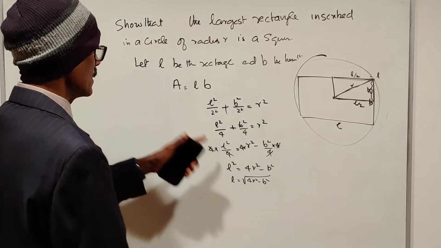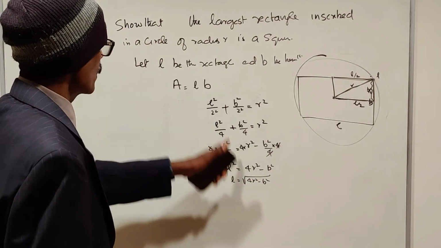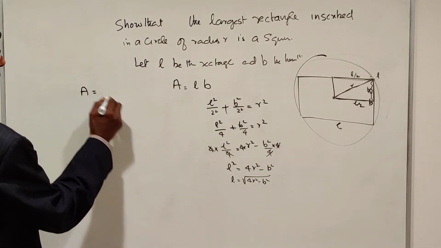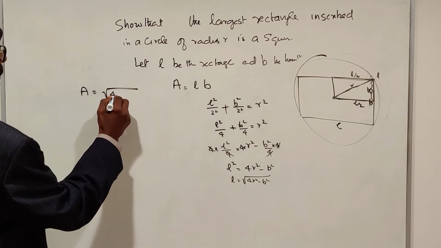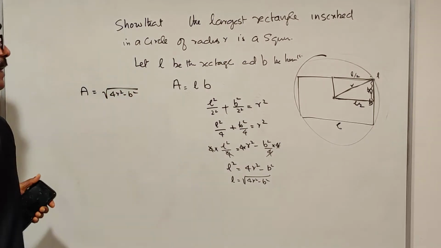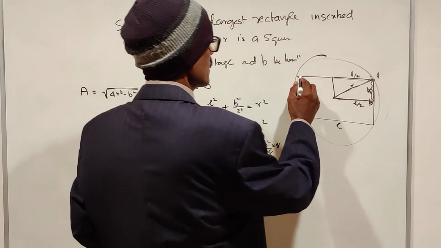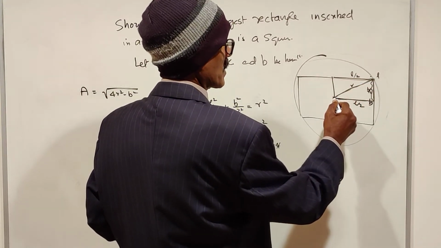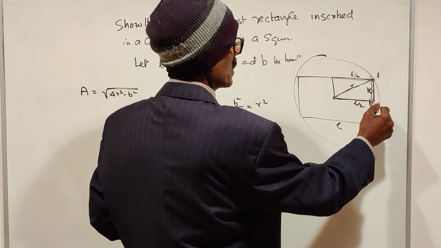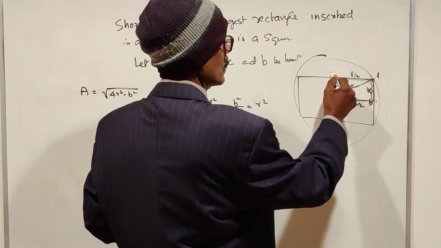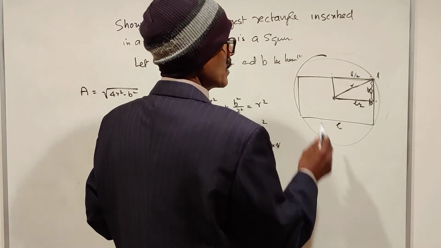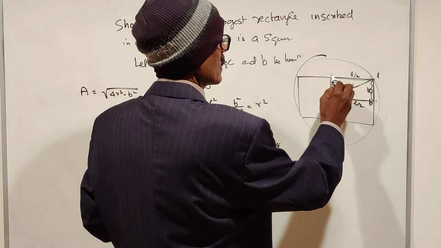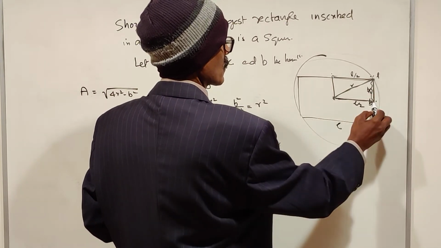Okay. Substitute this value here. A is equal to B times square root of 4R square minus B square. See, one more time. This is the chord. This is another chord. Draw two perpendiculars from the center, one towards B, another to the chord L. So it bisects the chord, which means this length is B by 2, this length is L by 2.